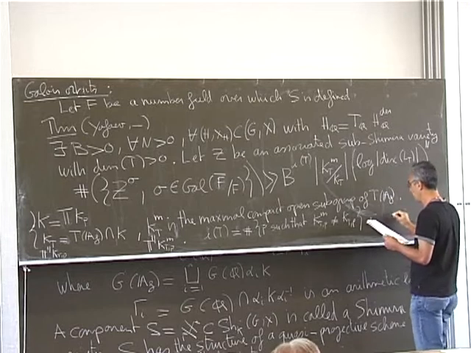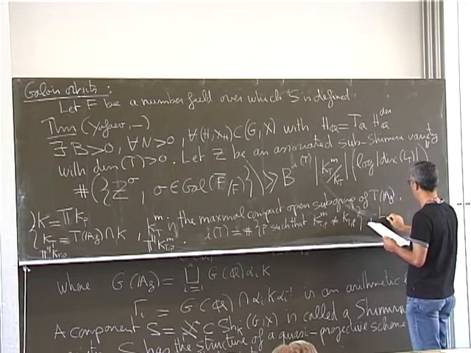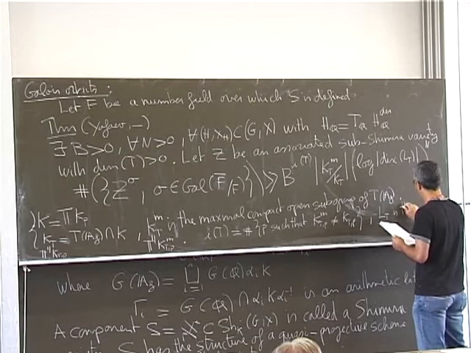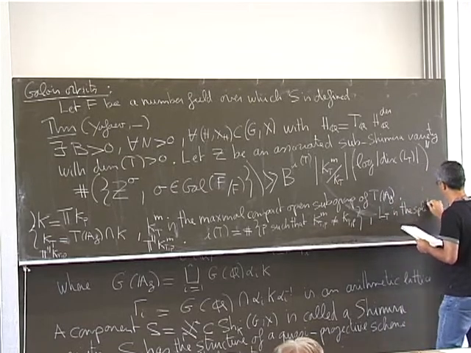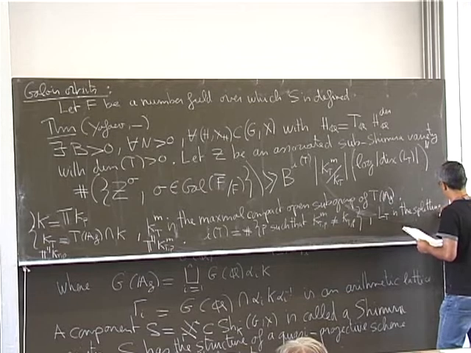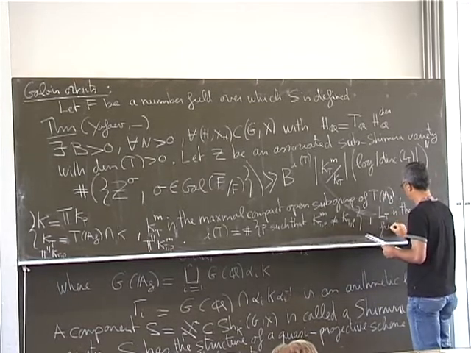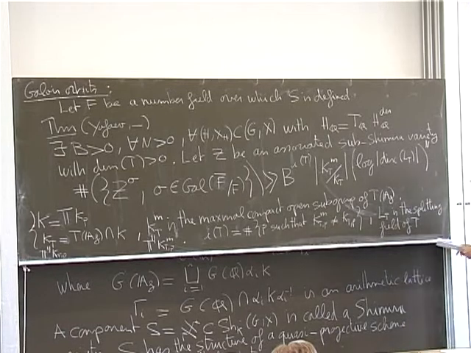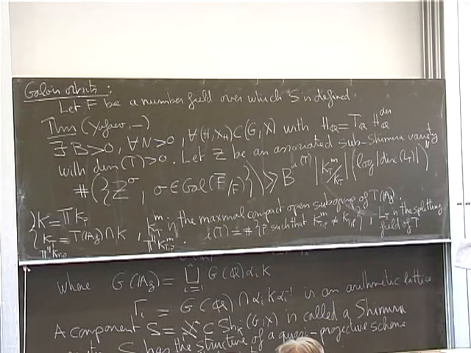the last thing is L, or L_T, is the splitting field of T. Okay, so what does this formula mean? It means that you have two ways of having a big orbit.